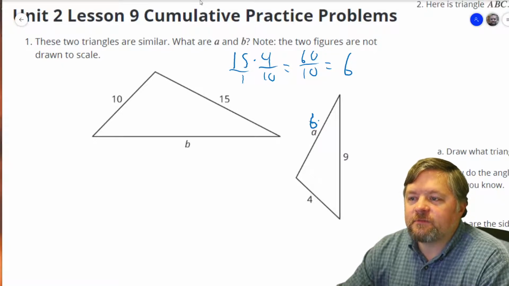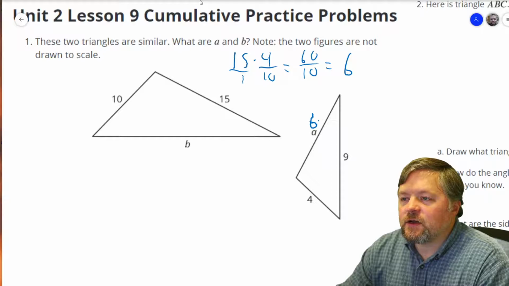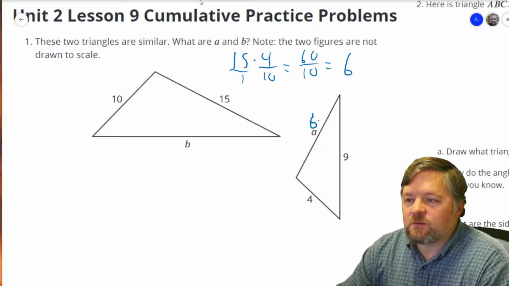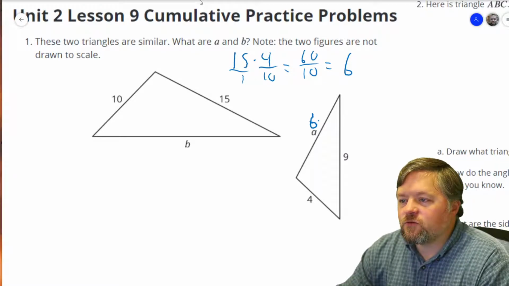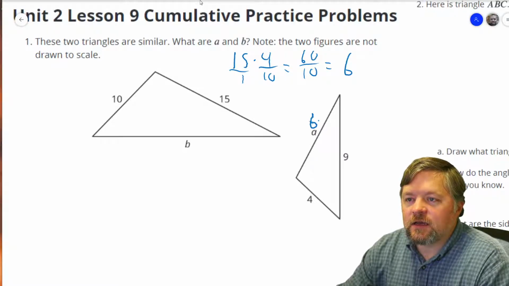Now to find B, we have to see what do we do to 4 to get 10. Well, we multiply it by 2.5. So what do we do to 9 to get B?